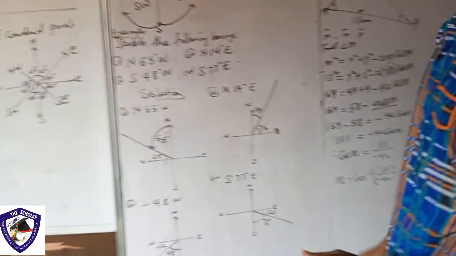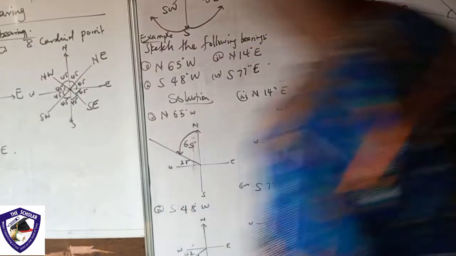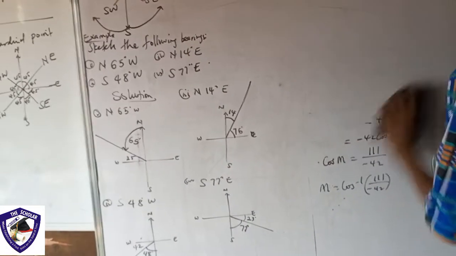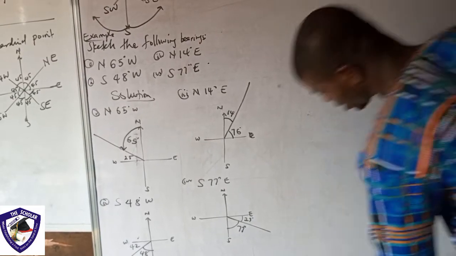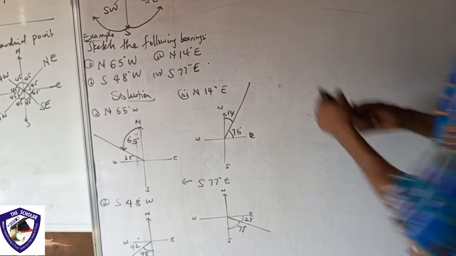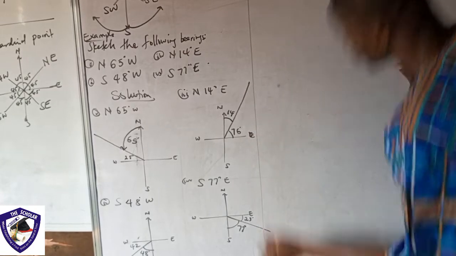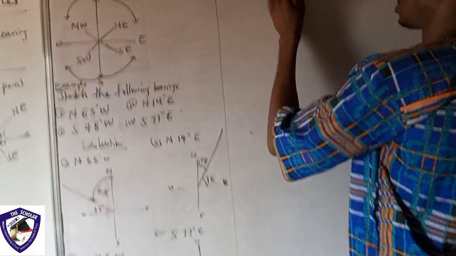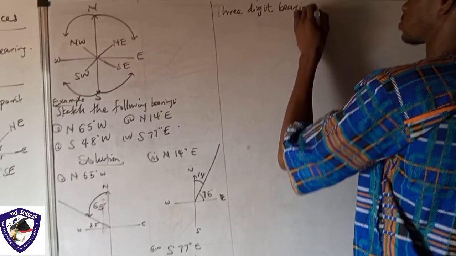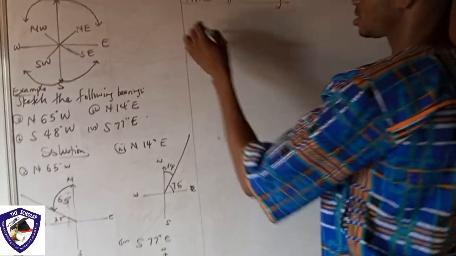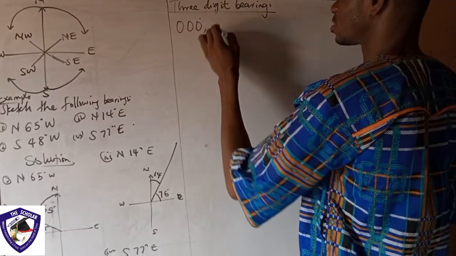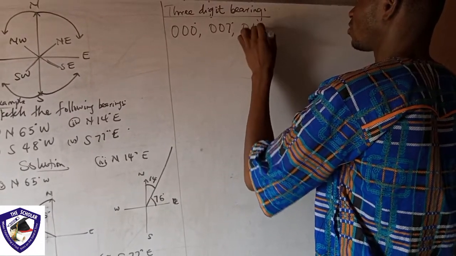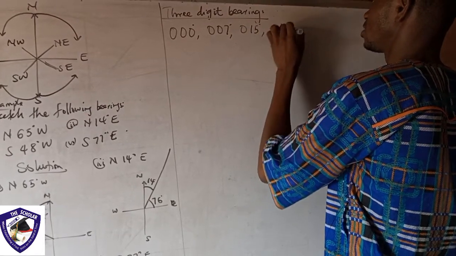Let's now move to 3-digit bearing. For our 3-digit bearing, we'll be looking at 3 numbers or 3 figures. In measurement of 3-digit bearing, we work in 3 figures, that is 000 degrees, 007 degrees, or 015 degrees, or 215 degrees.